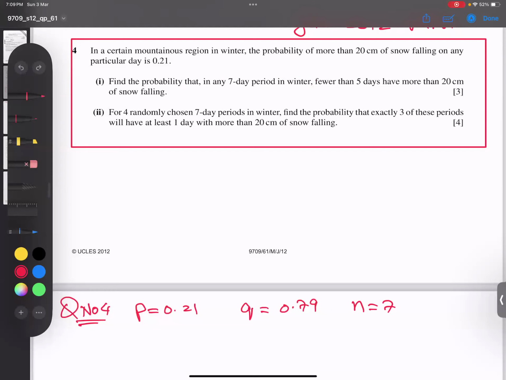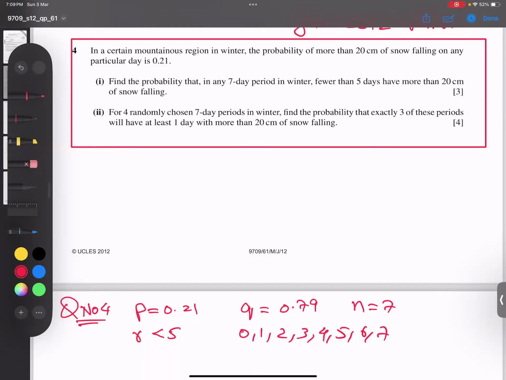So fewer than 5 days. We have 0, 1, 2, 3, 4, 5, 6, 7. Sorry, he said fewer than 5, so 5 is not included.